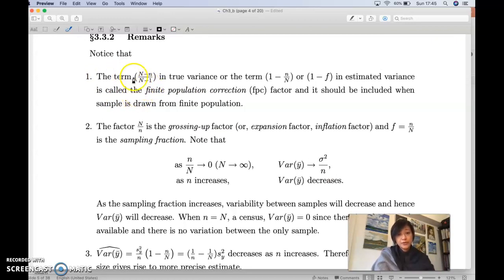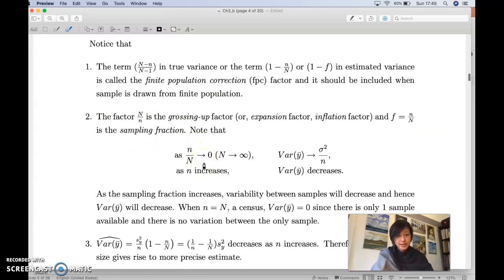For both of them, we call them the finite population correction factor. That should be included when we are drawing a sample from the finite population. Okay, so we can see the effect of it. First of all, let's say if the population size is approaching infinity, very large, we can see that the factor n over N tends to go to 0.